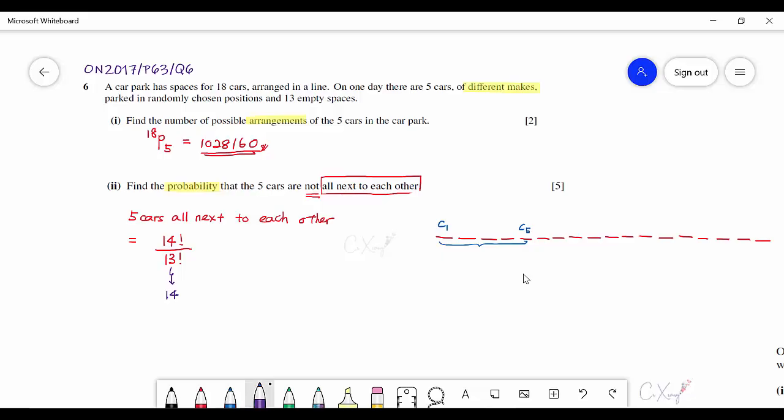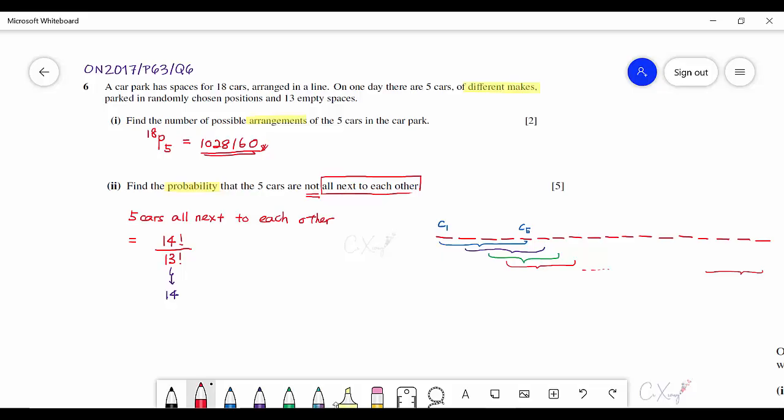Then the second one will be 1, 2, 3, 4, 5, the second space, and the third one will be 1, 2, 3, 4, 5, the third place to put in the 5 cars. After that you repeat for the fourth one, and so on until the last space here. If you count how many total spaces here, it will be 14. So this is another way of counting to ensure that all the 5 cars are next to each other.